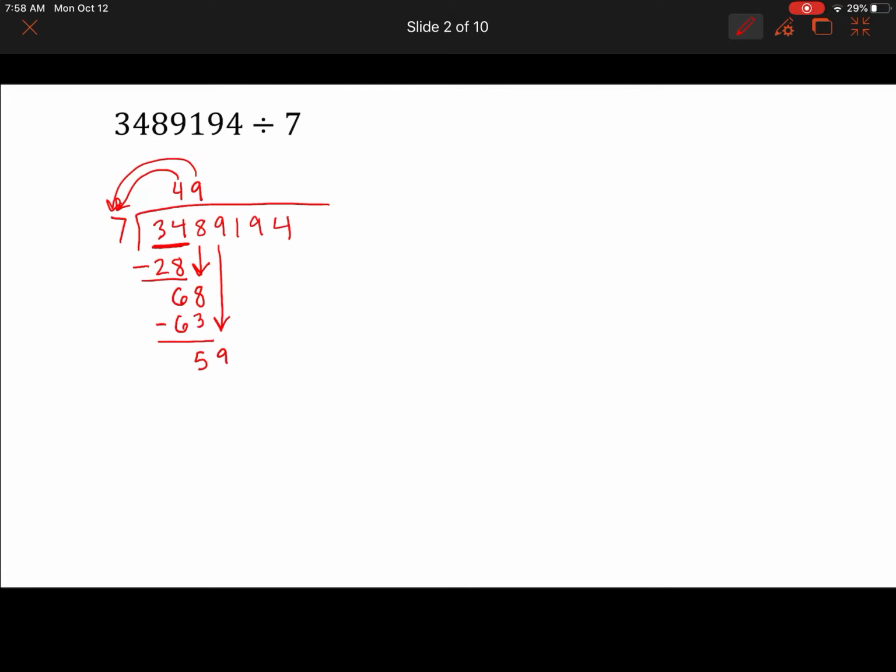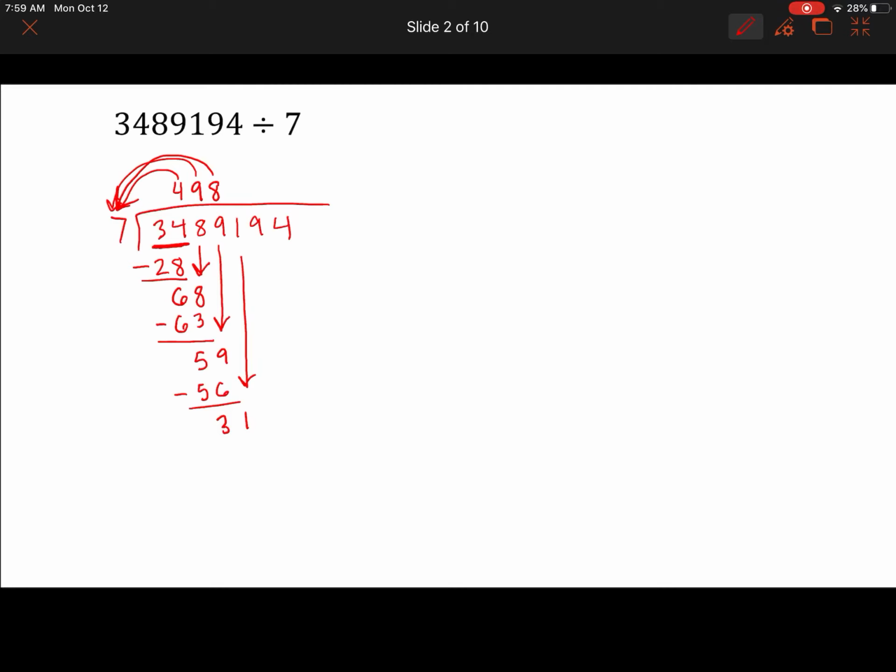How many times does 7 go into 59? The answer is 8. 7 times 8 is the one I have the hardest time with. 7 times 8 is 56. We subtract, and we have 3 left. Then we bring the 1 down, and we start all over again.